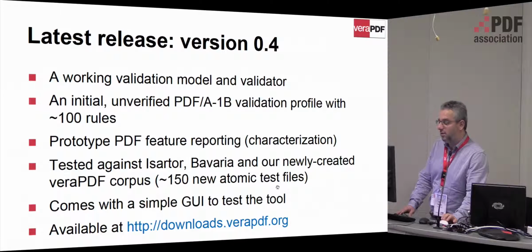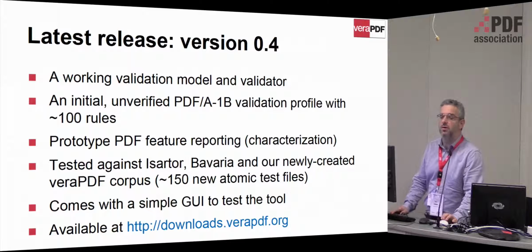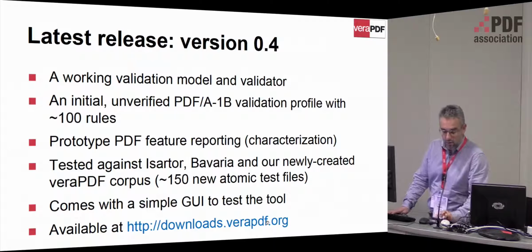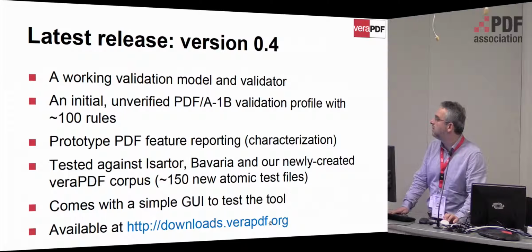And it all comes with a simple GUI just to play with the tool, but more essential, it comes with reviewed CLI interface as well as an API which can be integrated into third-party systems. And again, according to all open source tools, you always have access to the latest builds, available at downloads.veraPDF.org.